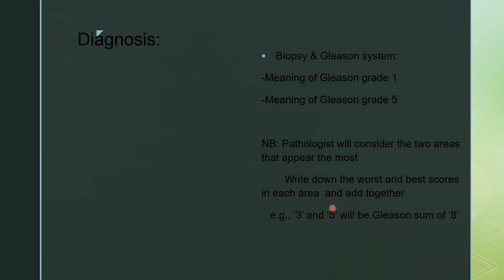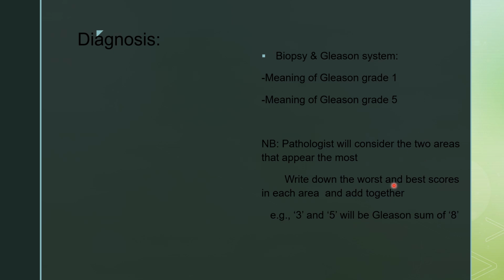Now, let me explain further what we get. Remember, the worst grade you can find in one area is 5. So the highest Gleason sum anyone could get from two areas, even if both have the worst grade, will be 10, meaning 5 plus 5.